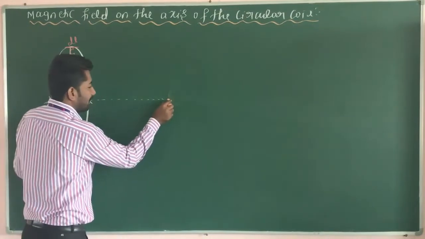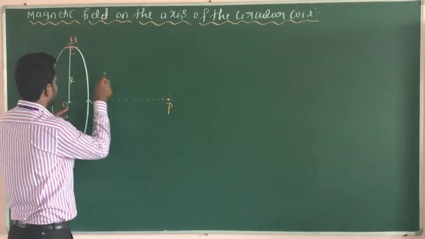Here the magnetic field is at a point P at distance x from the center of the circular coil.